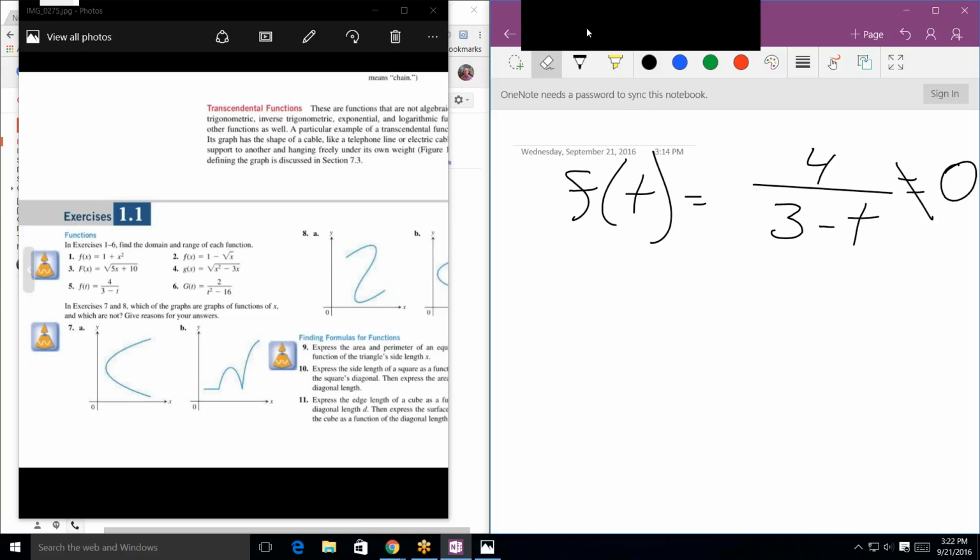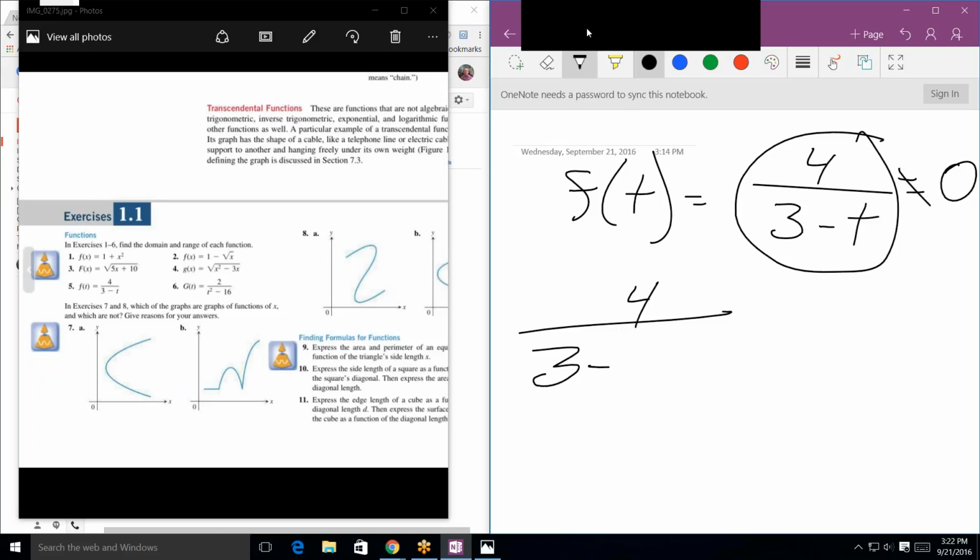And that is, the numerator is not 0, it's 4. So it's impossible to make that thing equal to 0. But that's the only number it cannot be equal to. If you want to think about how it could be equal to 1,000,000, well, how about this? 4 divided by 3 minus 2.9999999.